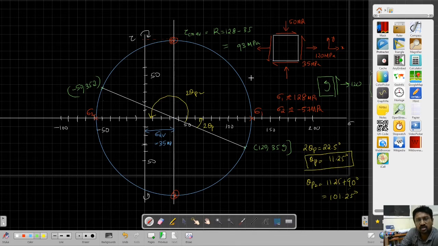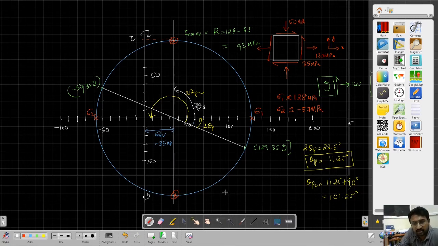And the angle for shear, the angle for maximum shear, is this angle. From this point to this is 2 theta s.